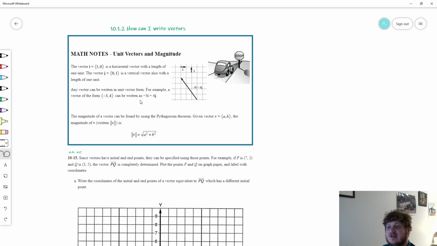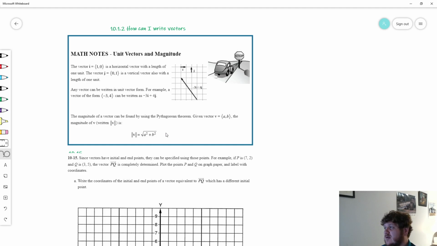You can write it as the displacement in x, comma, displacement in y, or as your displacement in the i direction plus your displacement in the j direction. For the magnitude, because two-dimensional vectors act as triangles, we can use the Pythagorean theorem to find the total length of the vector, which is the square root of your i direction squared plus your j direction squared.